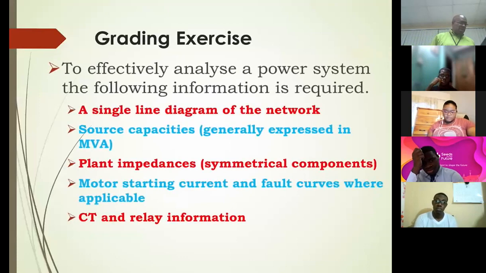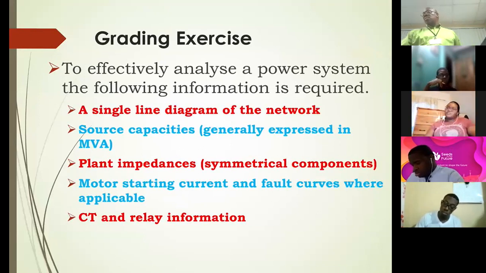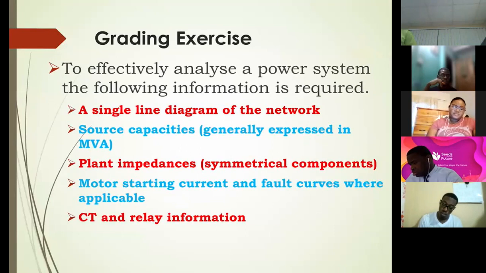So for the exercise, I've alternated them in red and blue because I want to be clear in your mind about this. Before you start a grading exercise, these are the things that you must have. One, you must have a single line diagram of the network that you're going to be looking at.